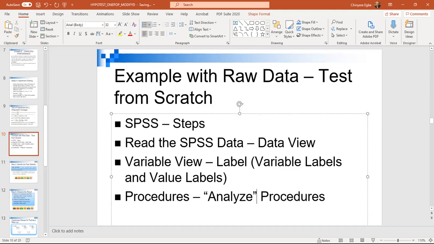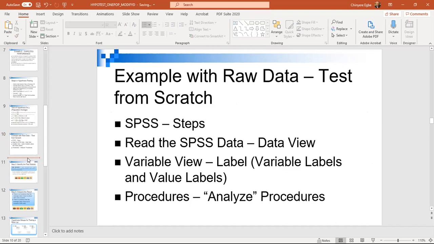All right, so I'm going to save this, and then I'm going to pull up an SPSS file. So let's stop this share and pull up an SPSS file.